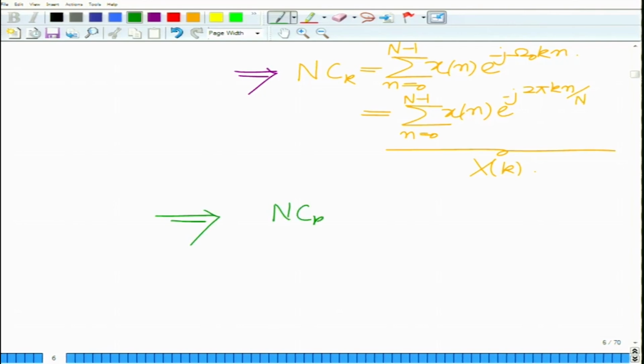So, if c_k denotes the kth discrete Fourier series coefficient of the periodic extension, then N times c_k equals X[k].